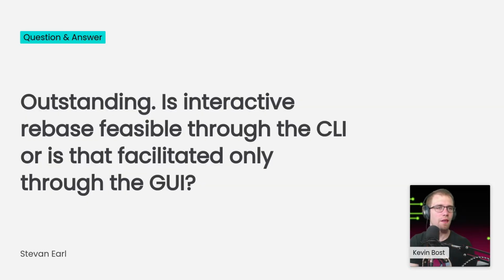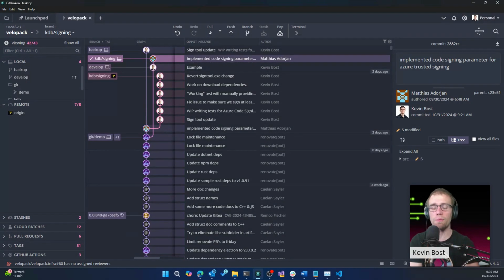Let's see. Is interactive rebase feasible through the CLI, or is that facilitated only through the GUI? Yeah, so the CLI does have the same concept of the rebase option available to you, where it is going to give you the option of walking through the commits and squashing them, picking them, or dropping them effectively as you go through.